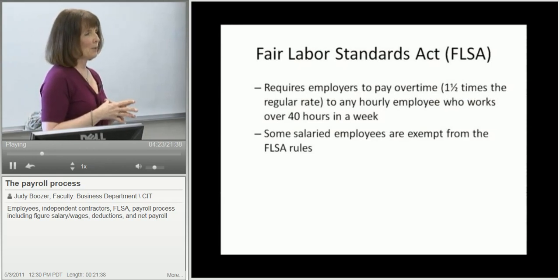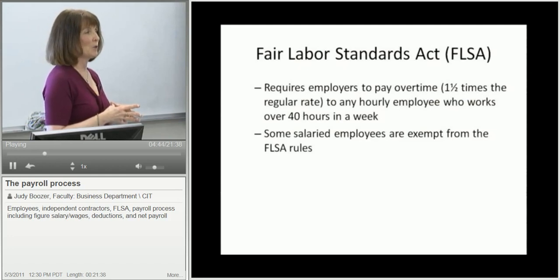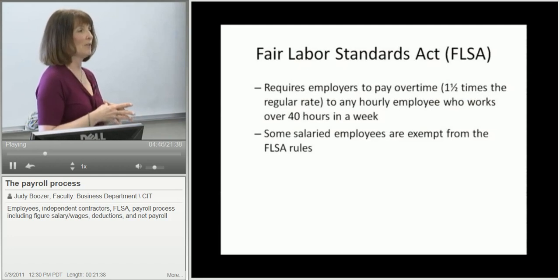For example, in some states, overtime is anything over 40 hours per week. In others, anything over 8 hours per day. So it's possible not to work 8 hours every day, but work one day more than 8, and you would still get overtime in some states for those hours worked over 8 hours, in other states not. So you need to be aware of the laws regarding payroll, depending on where you live.